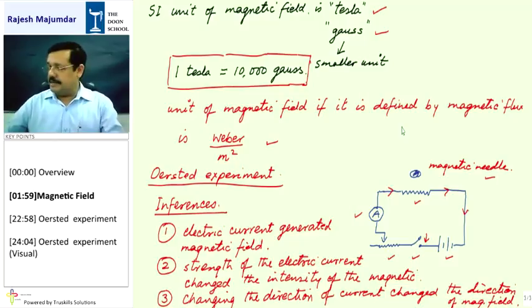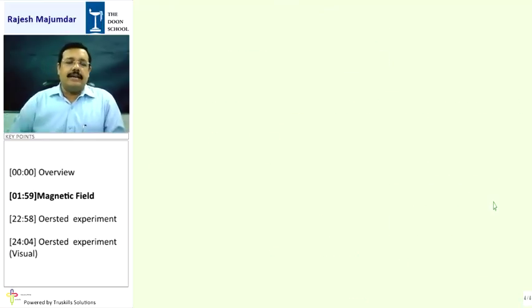They are not related. But now they had an experiment which told them very clearly that electric field and magnetic field are very much related to each other.